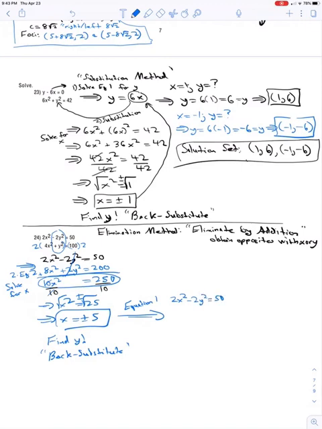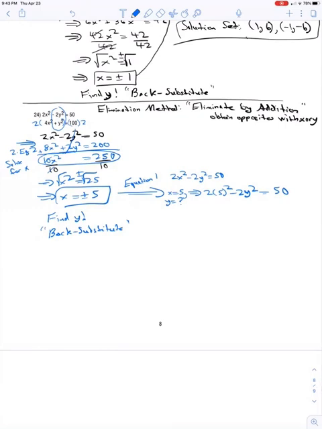So with x being 5, we'll start with x equal 5. That implies, what's y equal? That implies 2 times 5 squared minus 2y squared equal 50. As we simplify, that's 2 times 25 minus 2y squared equal to 50. And 2 times 25 is 50. 50 minus 2y squared is 50.